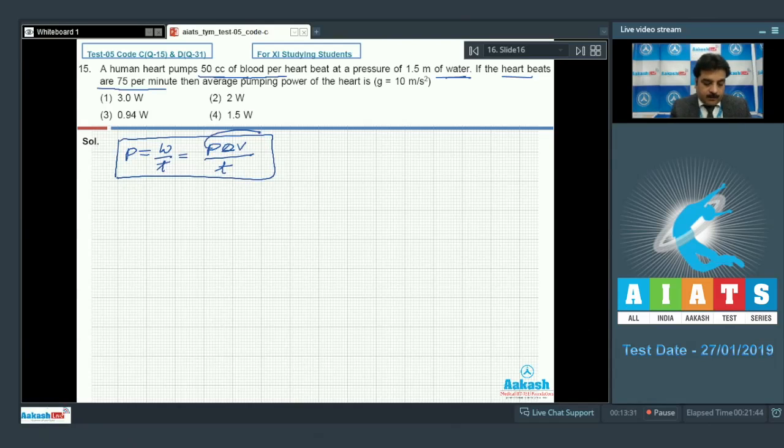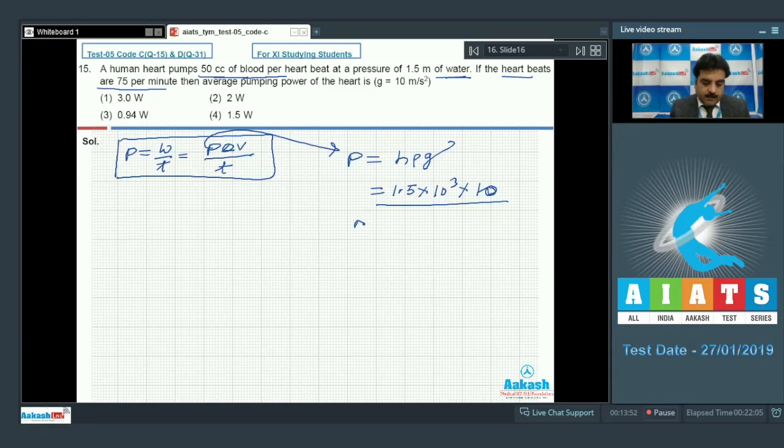Now, I am looking to solve for P because I need this pressure. So simply you can use h rho g because you have the value of height 1.5, density 10 to the power 3, and the value of g is 10. So when you calculate, you will get the value of pressure.